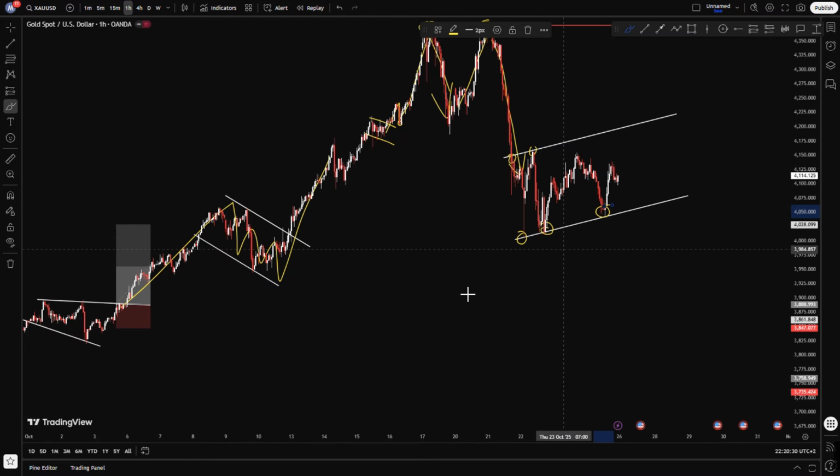The market went down, bounced from here, went up, came back and bounced again, went up, bounced again right here. Okay, so this makes it a valid trend line.